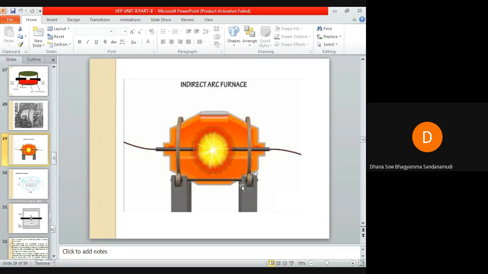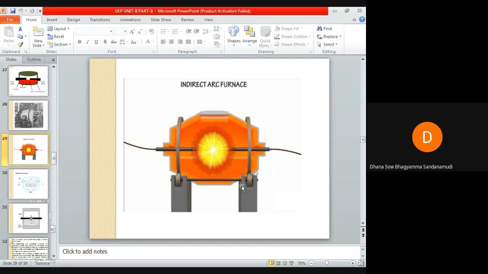So indirect arc furnaces are suitable for melting metals having low melting points, such as non-ferrous metals like brass, copper, zinc, etc. Usually, if we want to melt non-ferrous metals, an indirect arc furnace is used.